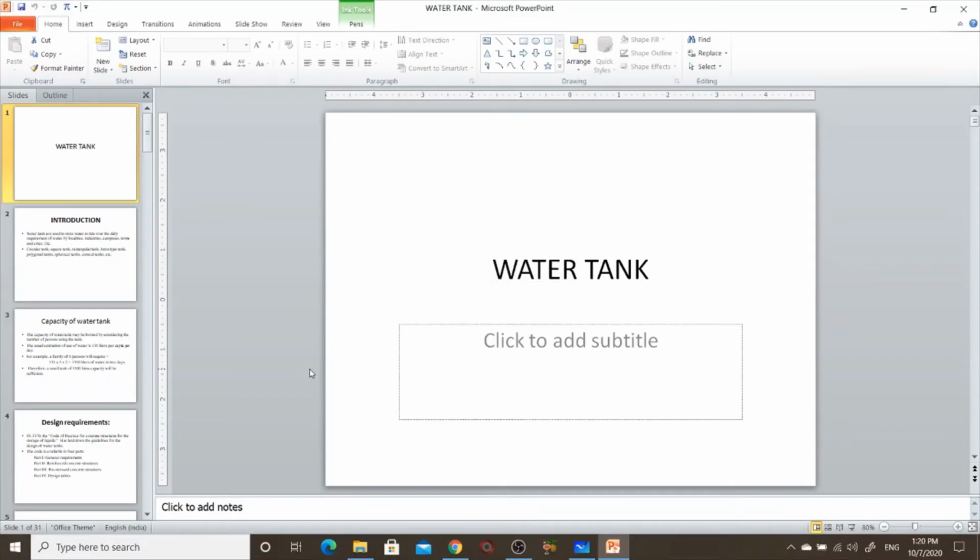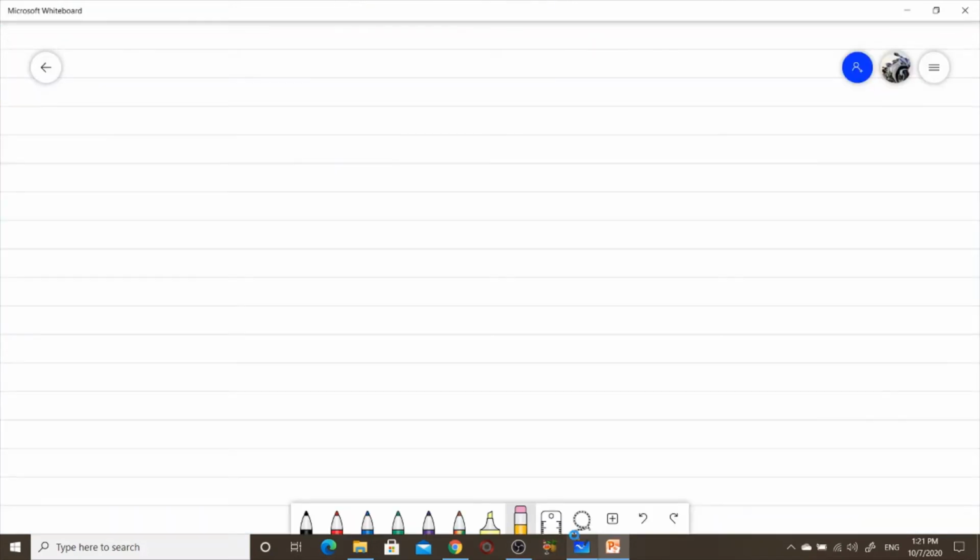Okay, the theory portion is completed and we are going to design a water tank here. So write down the first example.